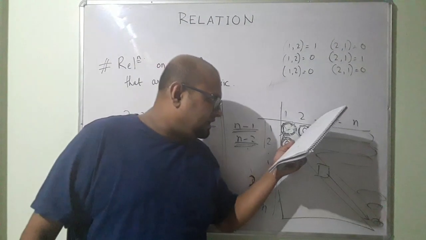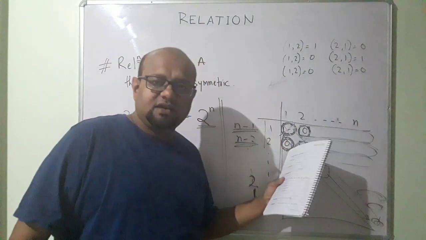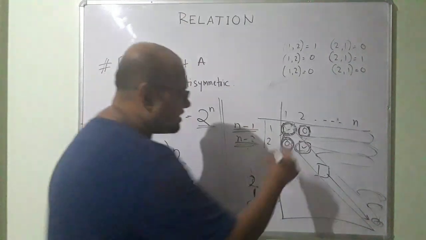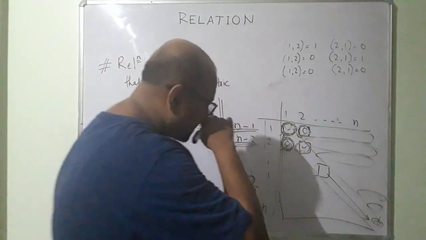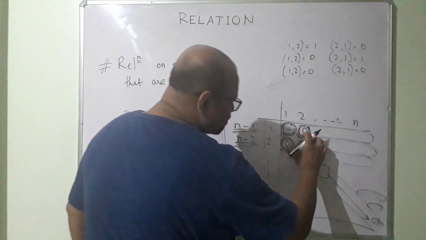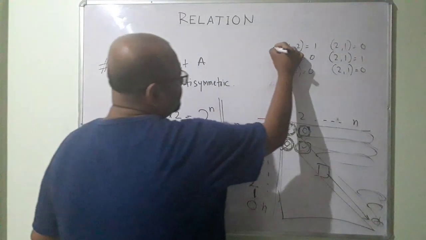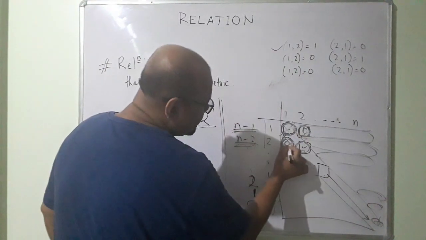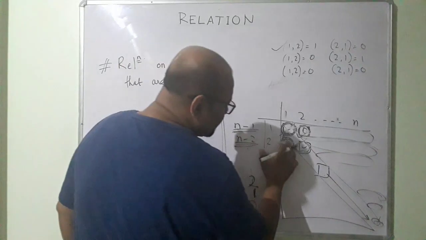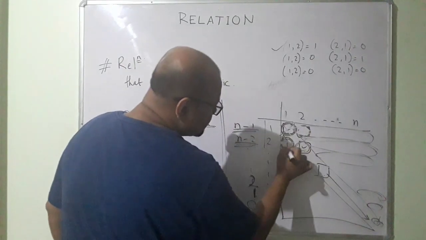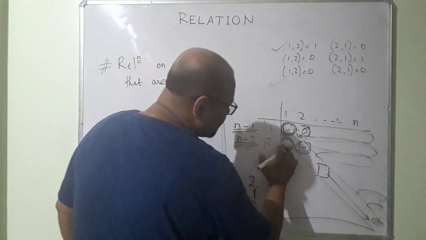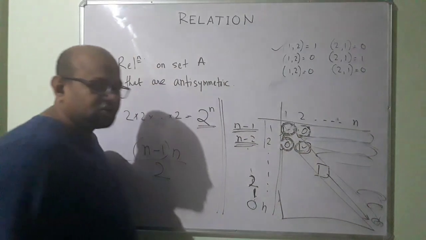Now each of these places is linked with some other, its mirror image, so this is linked with this. Each of these places, how many choices do I have? This can be 1, this can be 0. Choice 1. Or this can be 1, this can be 0. Choice 2. Or both of them are 0.